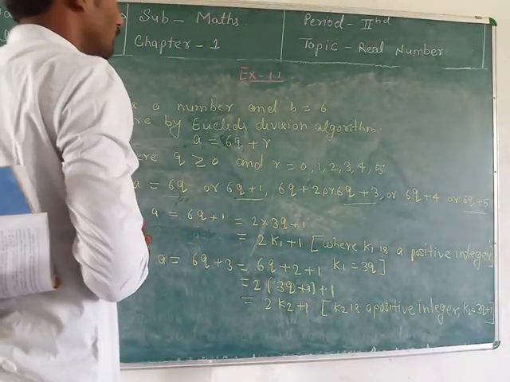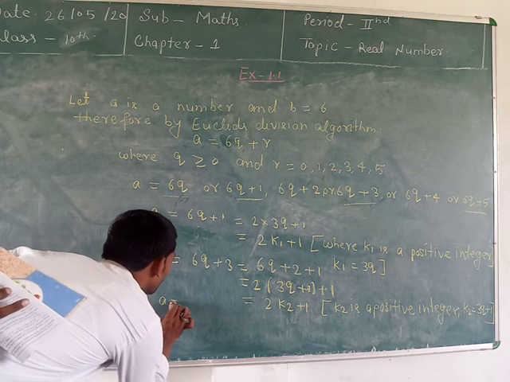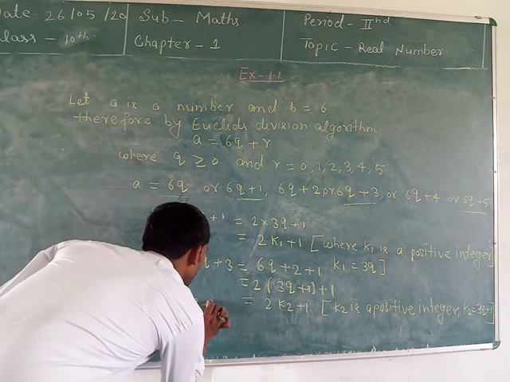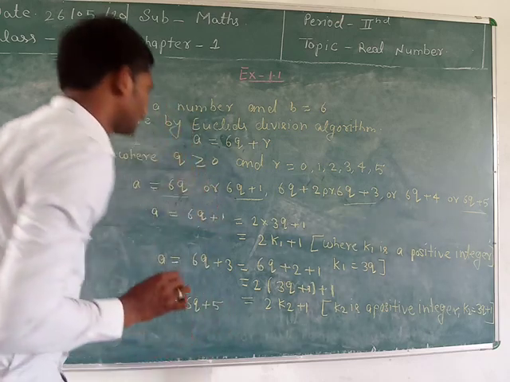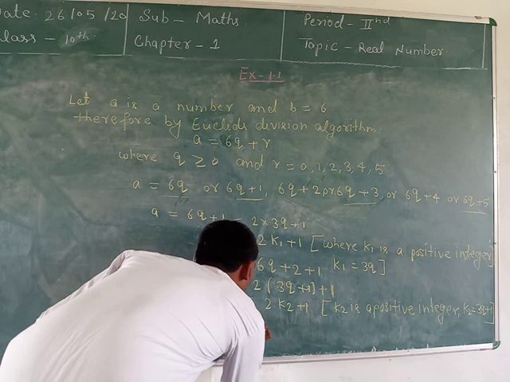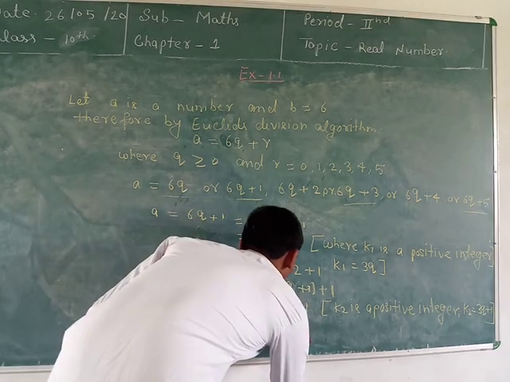Now we take a equal to 6q plus 5. We can write this as 6q plus 4 plus 1.